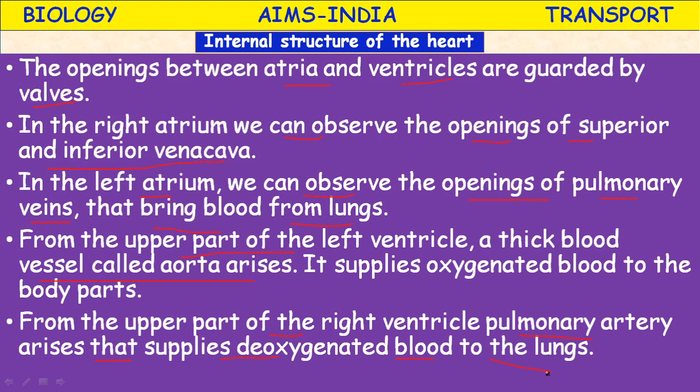In a similar manner, the left auricle or left atrium receives oxygenated blood from the lungs, and that oxygenated blood is pumped to the left ventricle. From the left ventricle, a very thick walled main artery arises. It is called aorta or systemic aorta. It supplies oxygenated blood to all body parts. Okay, children.